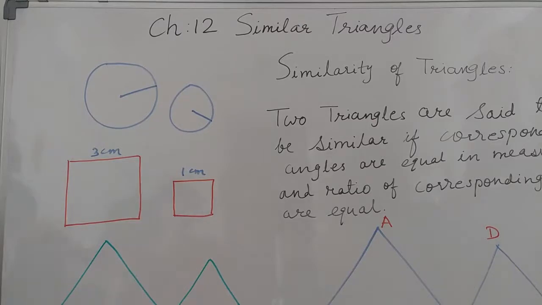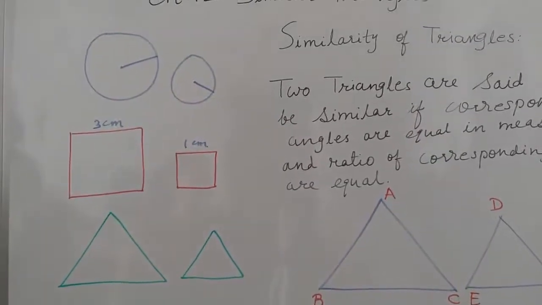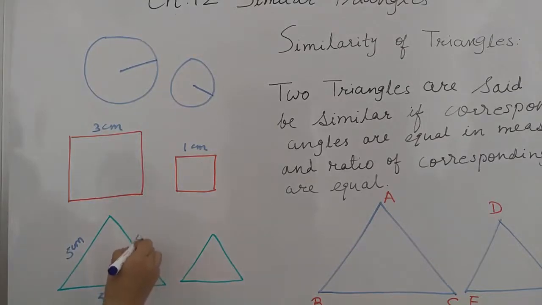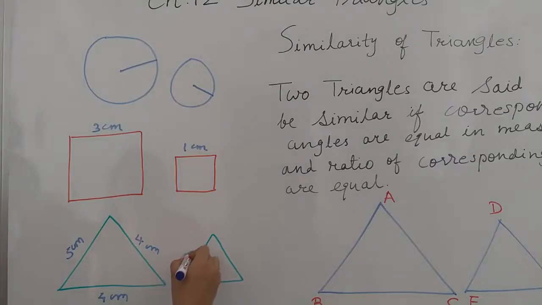Similarly, you can see the third figure, which is of two triangles. This triangle has sides, suppose, 5 centimeter, 4 centimeter and 4 centimeter. In correspondence with it, this is 2.5 centimeter, 2 centimeter and 2 centimeter. It means this is the bigger triangle and this is the smaller triangle.